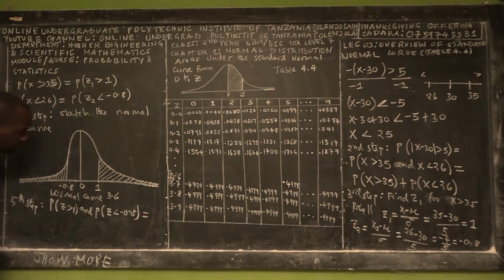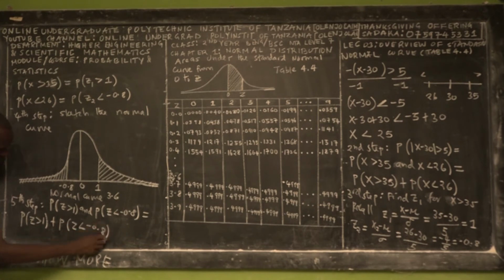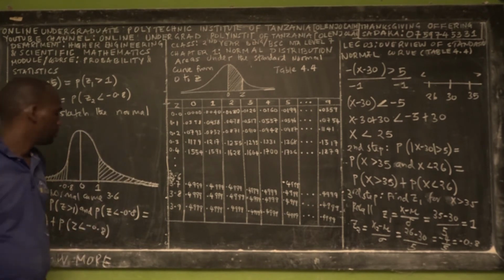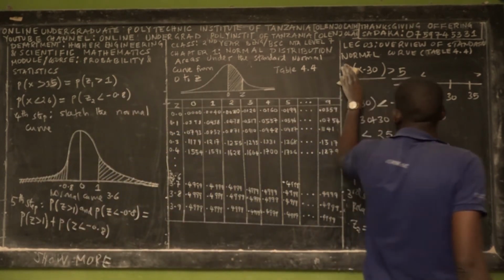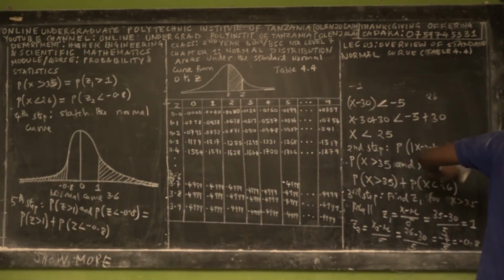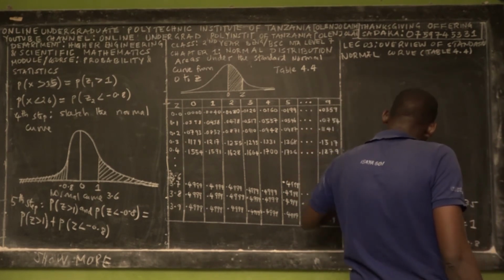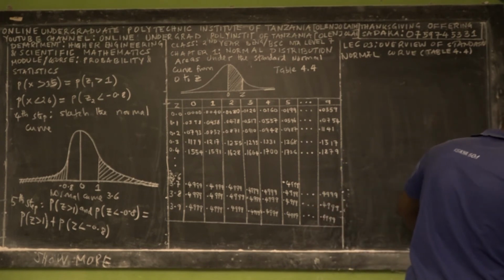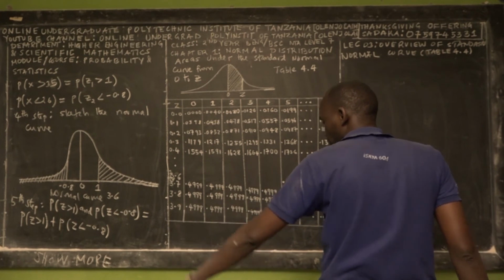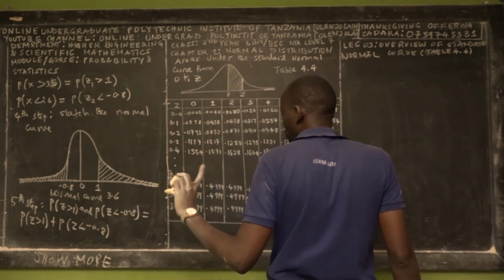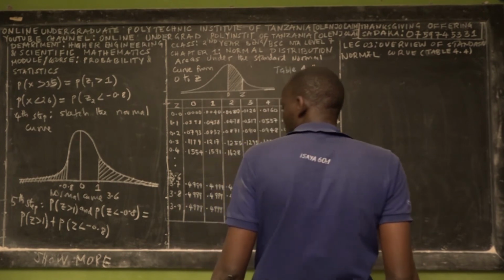This is equal to the probability of z greater than 1 plus the probability of z less than negative 0.8. We can use table 4.4 to simplify life. We may use a scientific calculator's statistical function to find this, but we are required to use table 4.4.